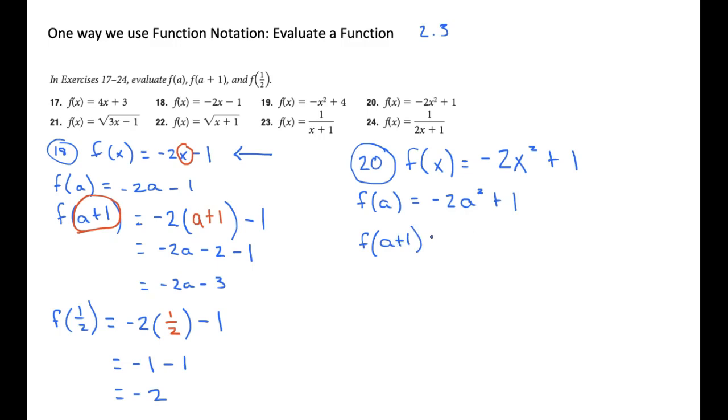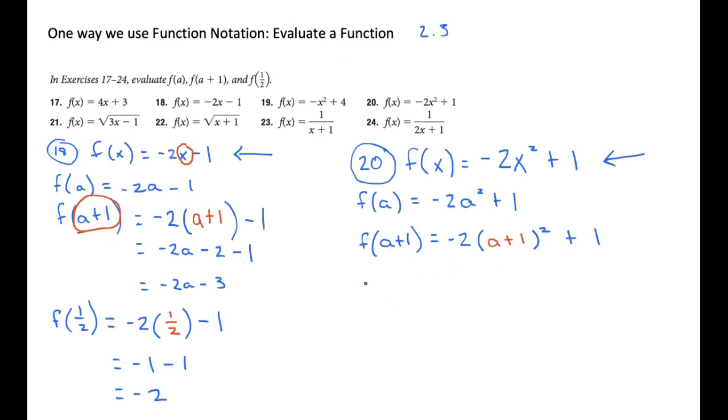So f of a plus 1 means every time I see an x in the original equation right here, I'm going to replace it with an a plus 1. So I've got negative 2, and for the x, I'm going to write a plus 1. And I have a squared there, and then that's still plus 1.